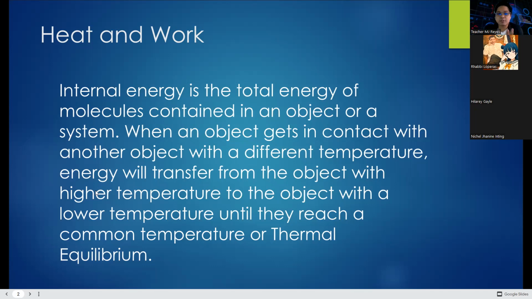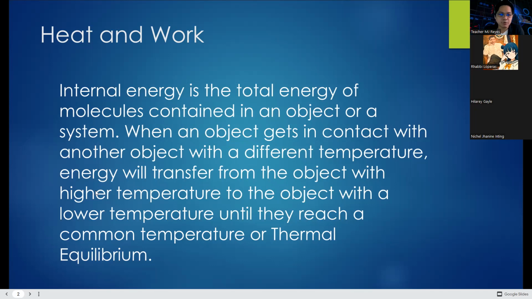From greater concentration, from higher temp, the higher temp will transfer its energy or thermal energy to the lower temperature until it reaches equilibrium or equal temperature. That's the point there. That's how energy or heat is actually transferred, from higher concentration to lower concentration until it reaches equilibrium.